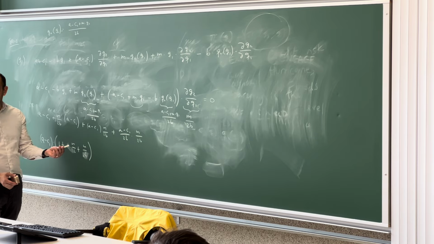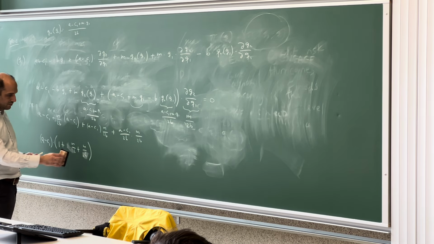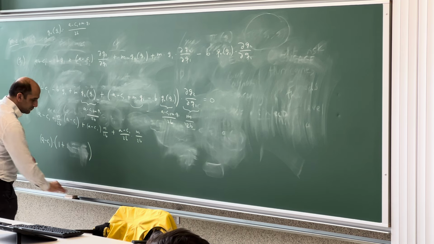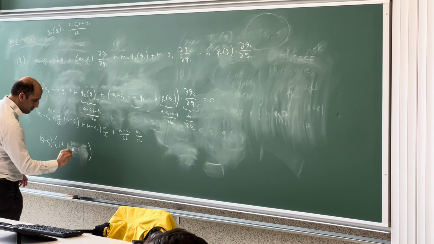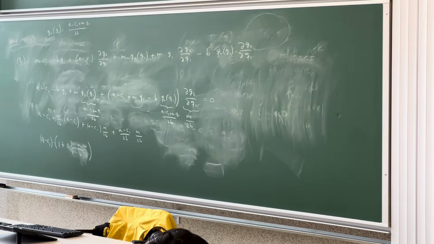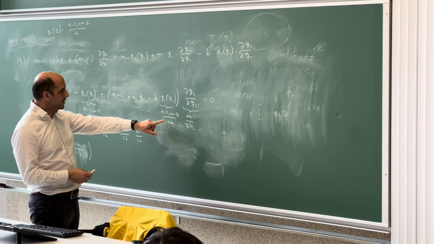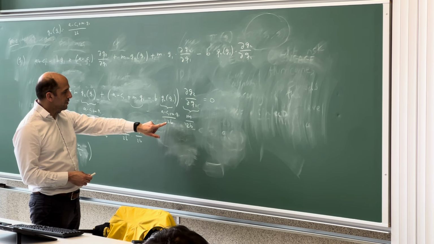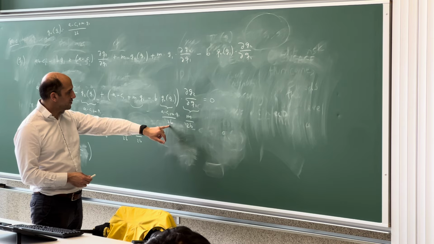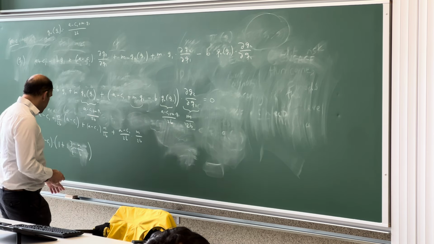This is like 3 halves times m over b, because there's a b here that cancels out with this b. So then we have m over 2b here. Oh no, wait.